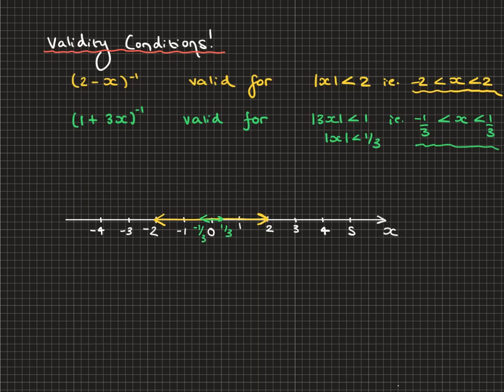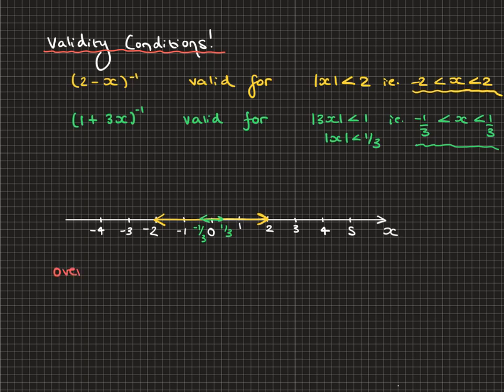We have to choose the stricter of the two inequalities, because the green expansion is only valid across x is negative a third to a third. Now, the yellow expansion will be valid for this condition. It will be valid for other values of x, but because the green expansion is not valid outside this much smaller range, we can't go outside the stricter inequality.